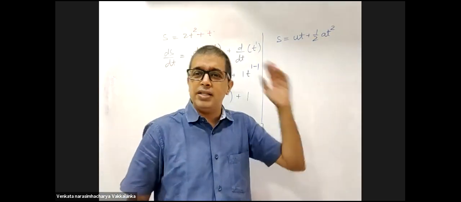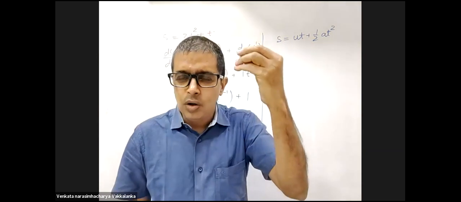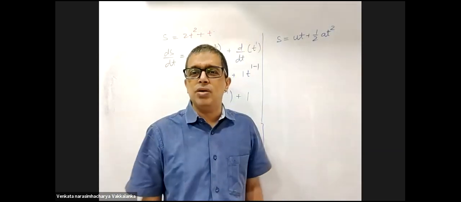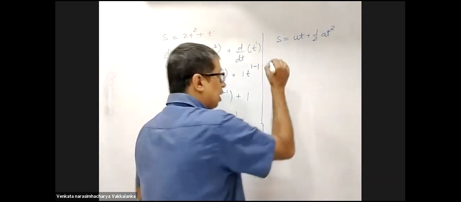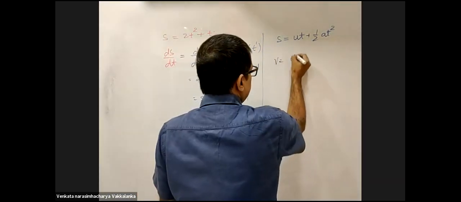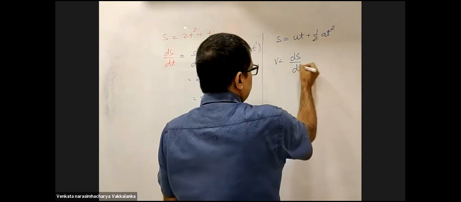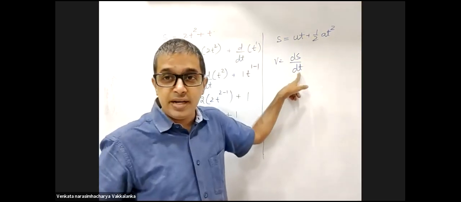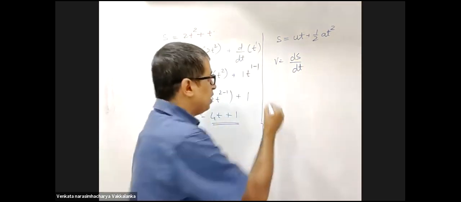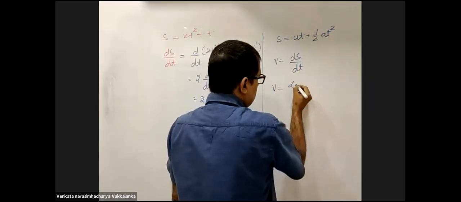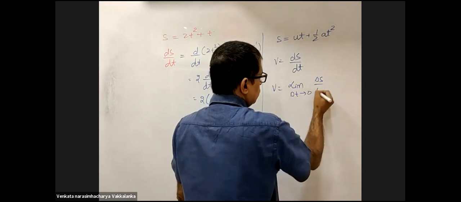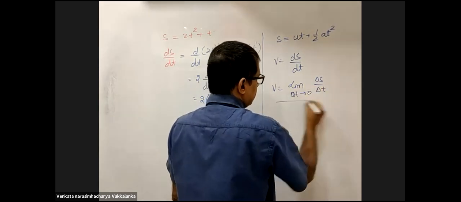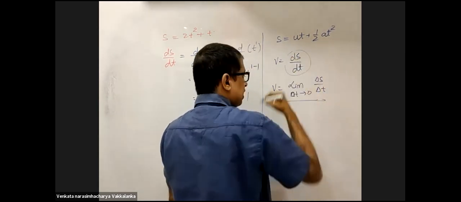They push it underneath the carpet. They directly told you this is the velocity at time t equal to 1 second or 2 seconds or 3 seconds. How did I get that velocity? It is the rate of change of displacement, ds by dt. What does this mean? Velocity is the limit delta t tending to 0 of delta s by delta t. Isn't it? Only then I'll get this.